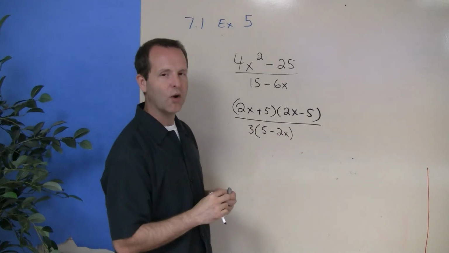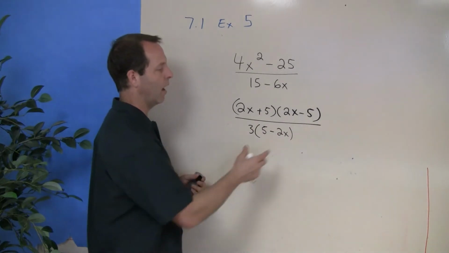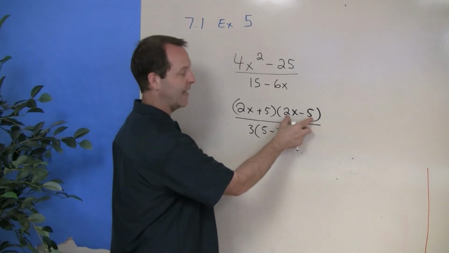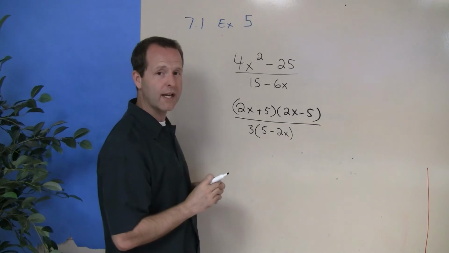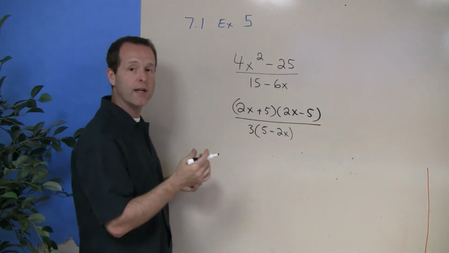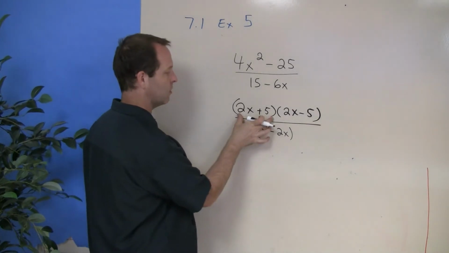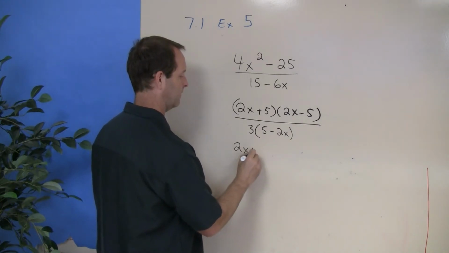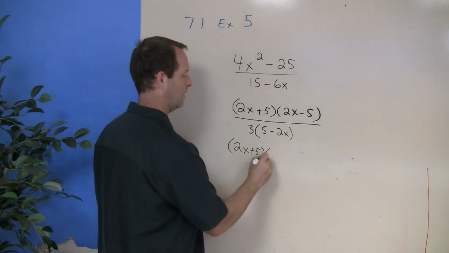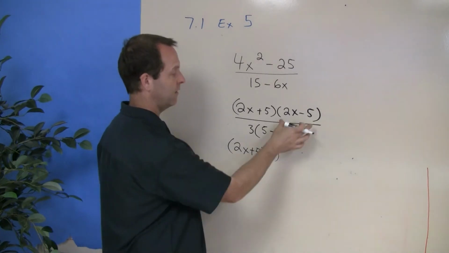So I can look at a little tricky idea here where I'm going to factor out a negative 1 from this term. I know you're going, Willie, that's kind of crazy. Well, let's see what happens. So I'm going to keep this 2x plus 5, not going to do anything with that guy. I'm going to factor out a negative 1 from the second term.